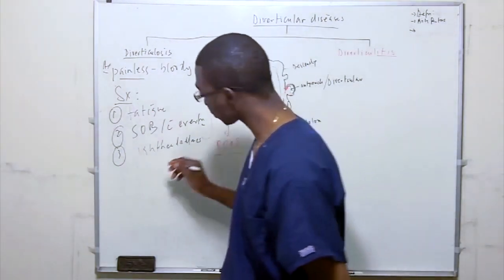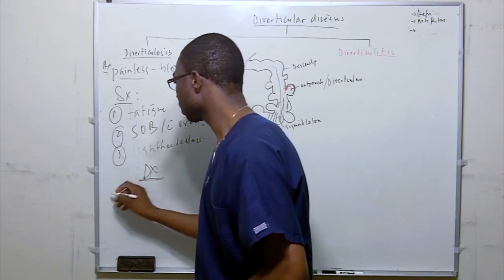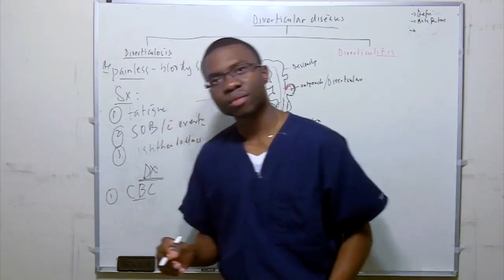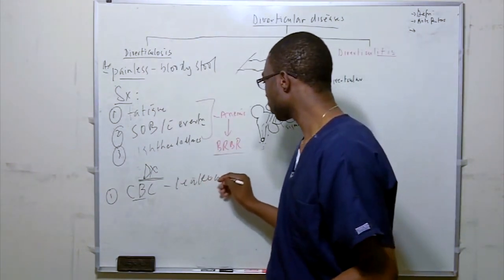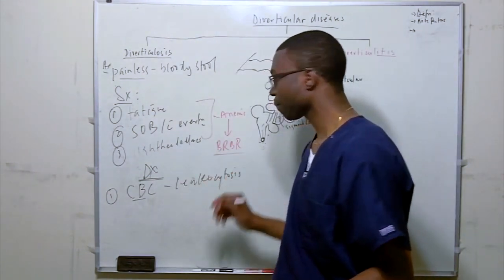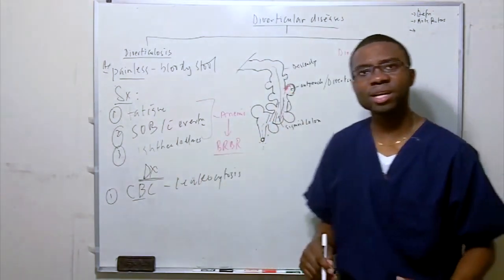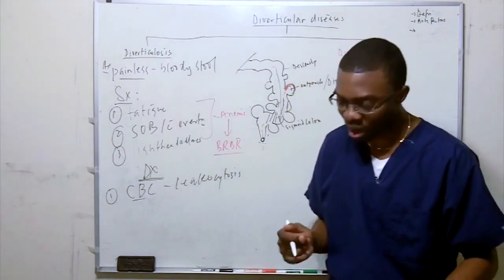Now, how do we diagnose it? The only thing you can order is a CBC. You get a CBC, you may have some leukocytosis. Why? Because there's a little bit of blood coming out here, right? They're a little under stress. The white count is going to go up.